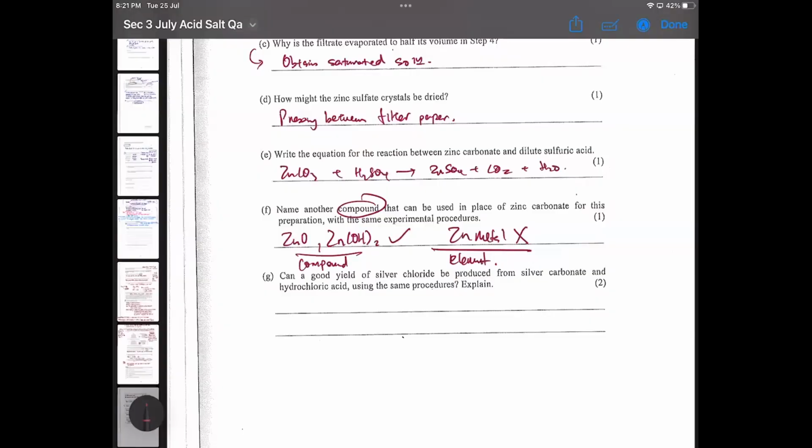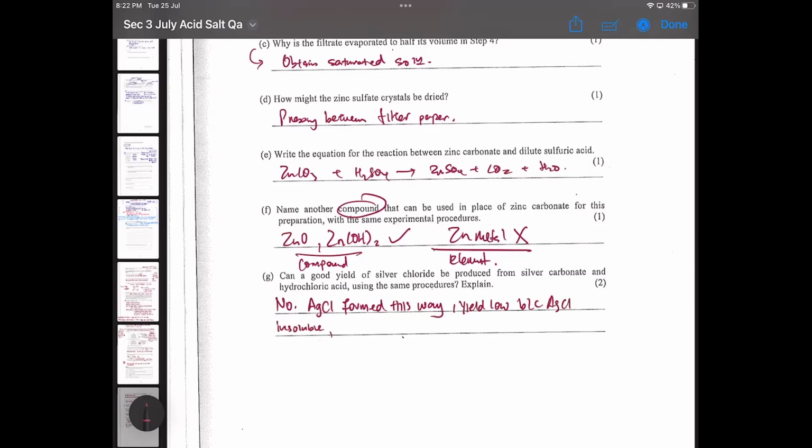Now, this silver chloride, when the question asks for good yield, it means will you produce a good amount of it? So in this case, the answer is no. Then the reason is because of the silver chloride that is formed this way, right? The yield is low because silver chloride is insoluble.